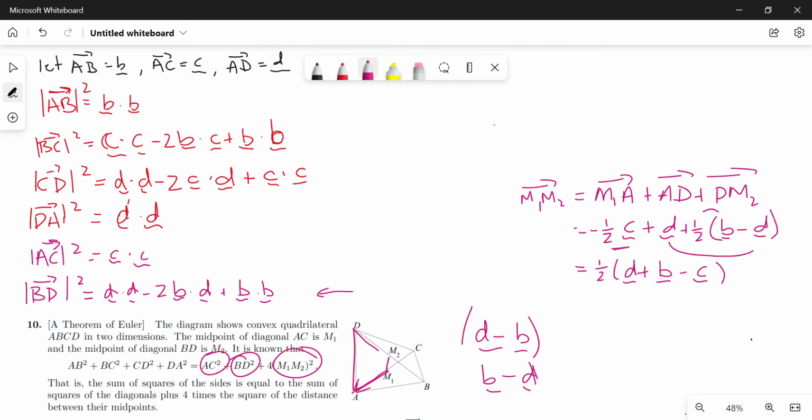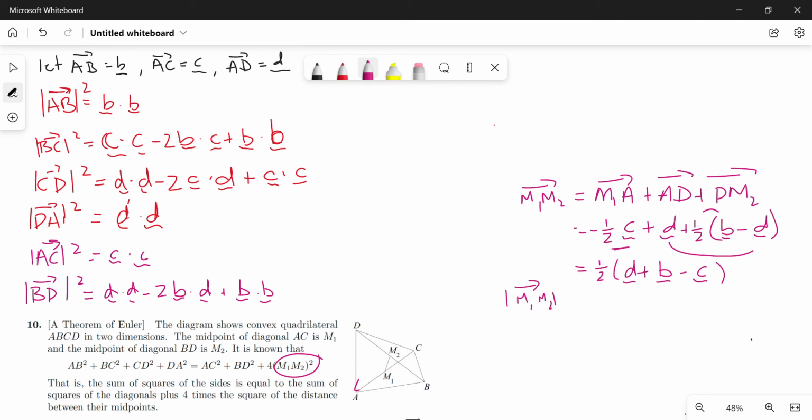Now remember, what we're looking for is the square, because we're looking for m1, m2 squared, that vector, all squared.